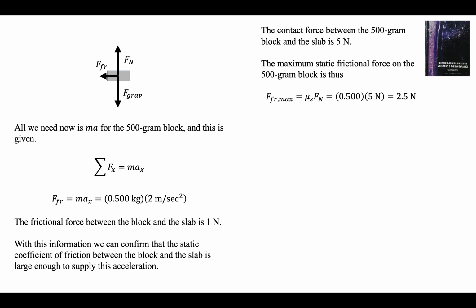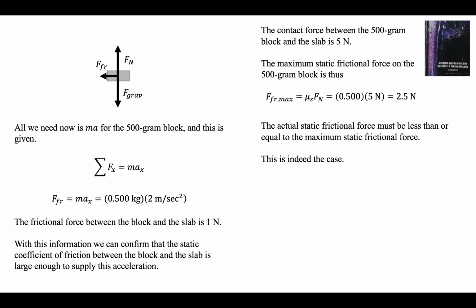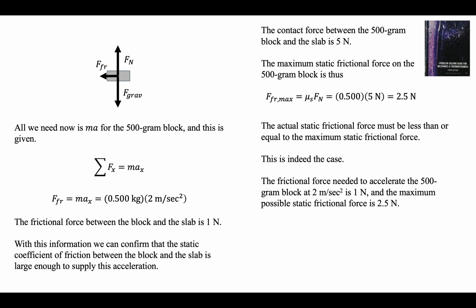That's the maximum. So if we wanted to calculate the maximum acceleration of the 500-gram block, we can use this. But here, all we're saying is we calculated it. 1 is less than 2.5, so we know the 2-kilogram slab is still hanging on to the 500-gram block. 1 is less than 2.5. We're okay.